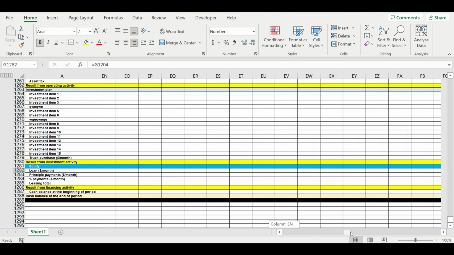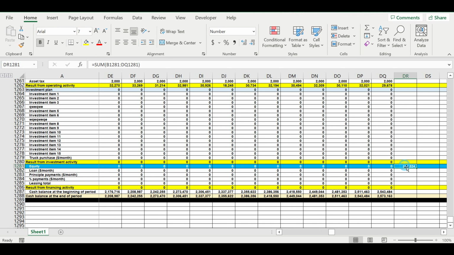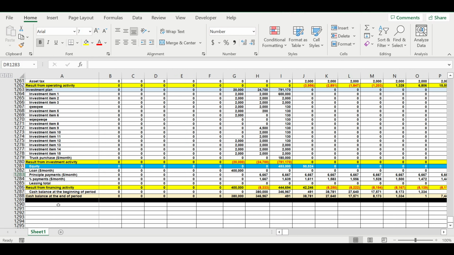So if we are talking about the total financing, we will add a formula here for totals from the loan, because we can have several loans. So we will create a table. Here will be the type. This will be our money from the pocket. This will be a loan.